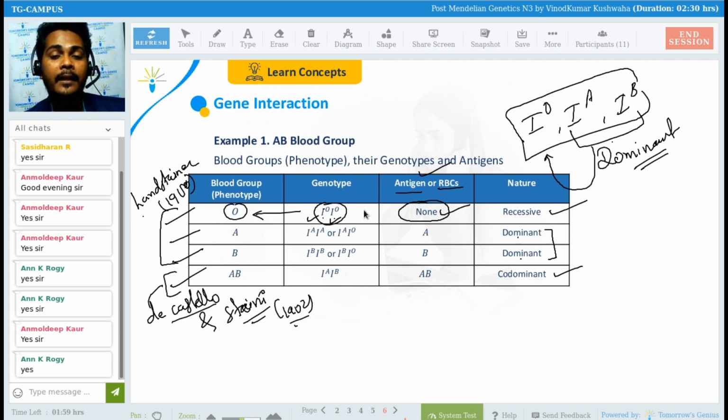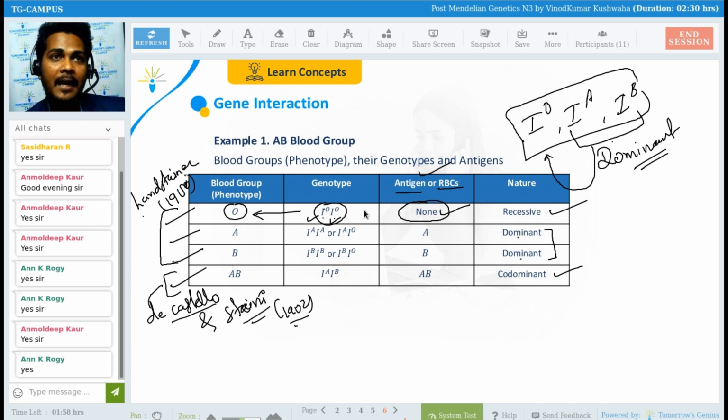Because they have neither antigen A nor antigen B, and because of that they have blood group O, and it is a recessive type. Are you getting my point?